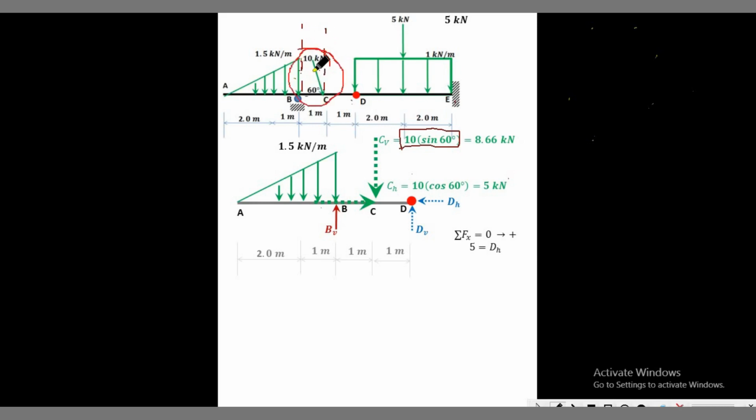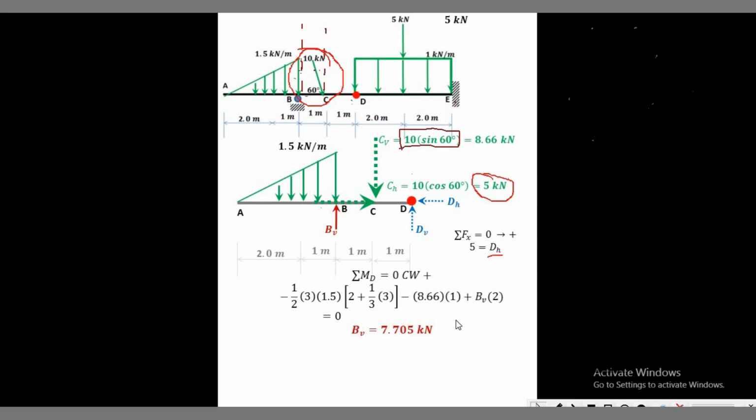So, I need to get the vertical and horizontal component of that. The horizontal component of this 10 kilonewtons is equal to 5 kilonewtons. Yan ngayon yung ika-counteract ni DH. Summation of moments at point D, I can solve for the value of my BV, which is equal to 7.705 kilonewtons. Then, from that, masosolve ko na rin si DV, which is equal to 3.205 kilonewtons.